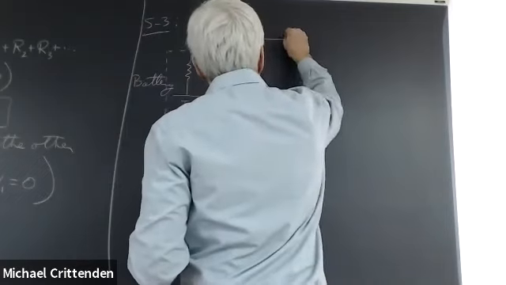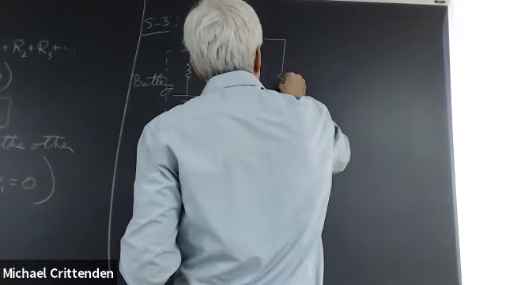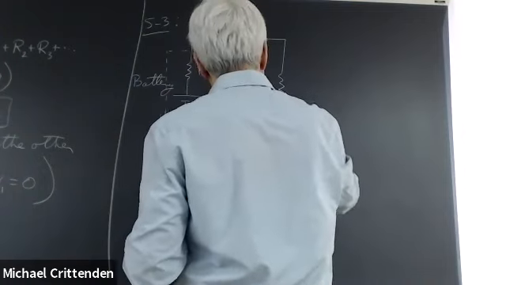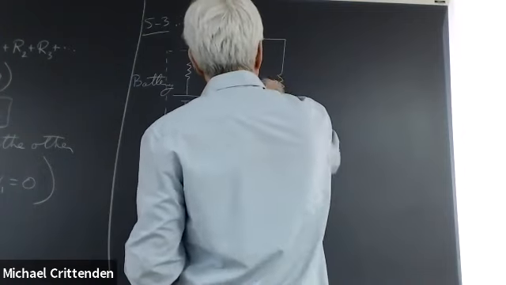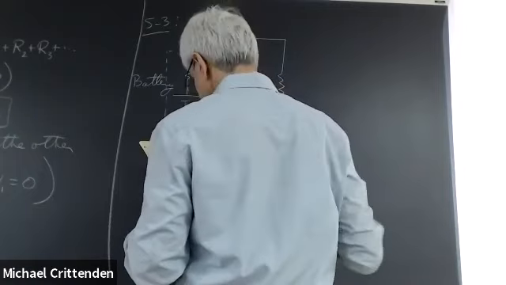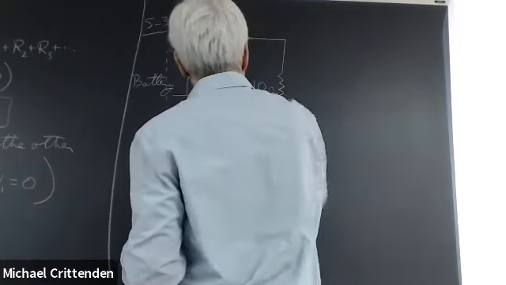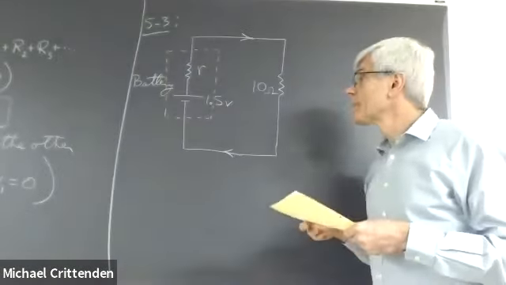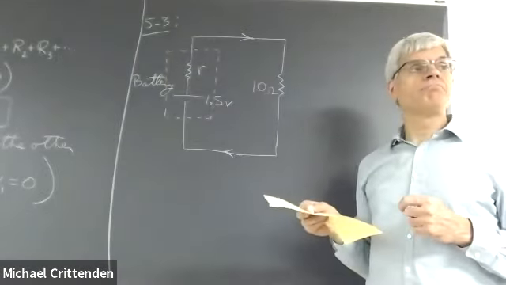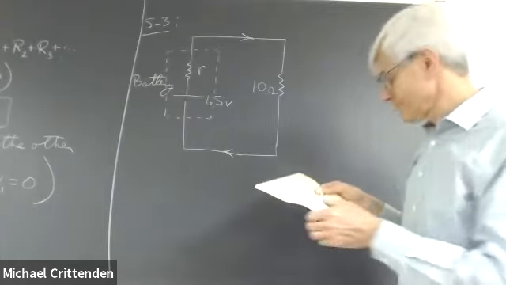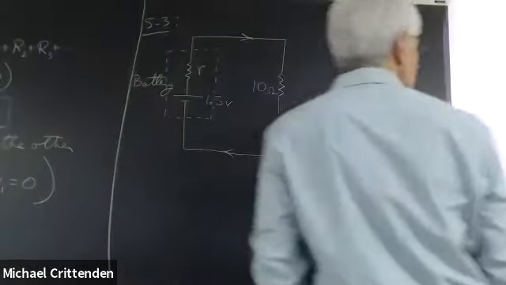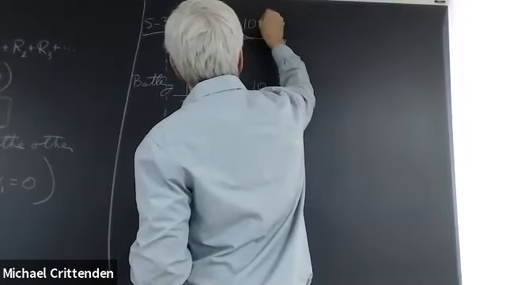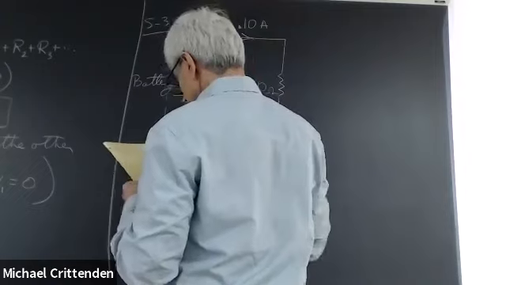Outside the battery, we've got 10 ohms. Just like in the previous question, current flows from plus to minus. And the question tells us it's 1/10 of an amp.